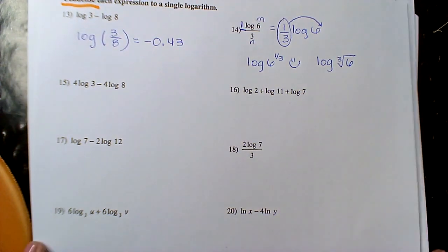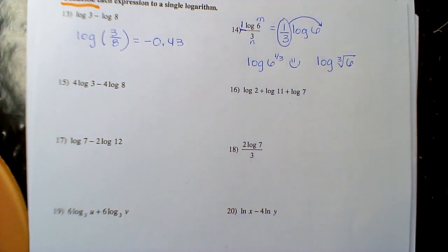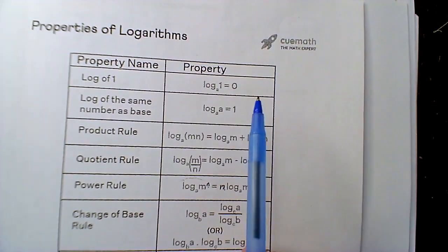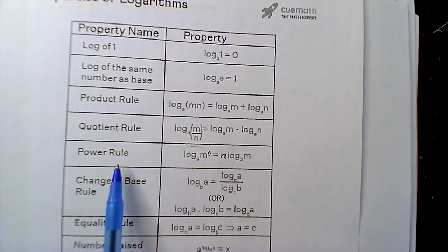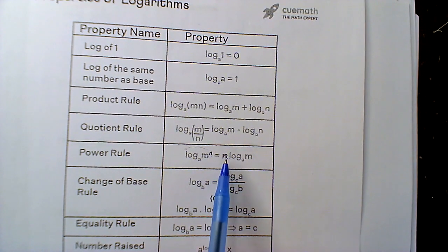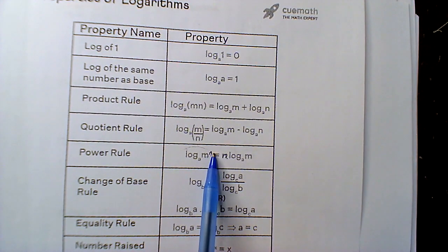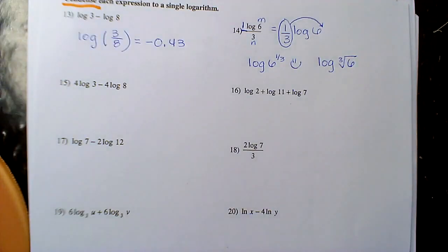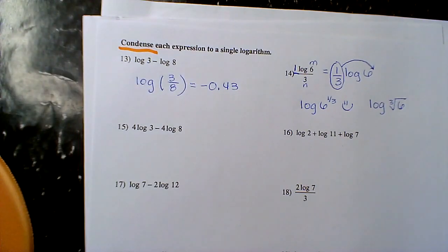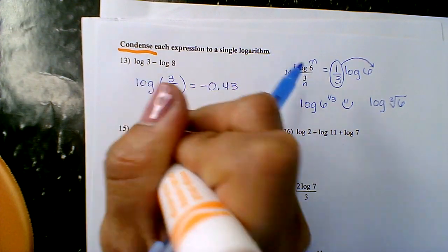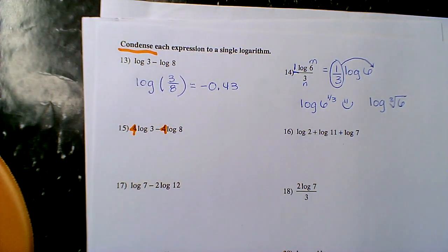All right, look. We're doing examples of the power rule. So when the power rule comes into play, if you have that coefficient, it becomes an exponent. But what you need to understand is, see how the 4 is here and here? It's in both log terms.